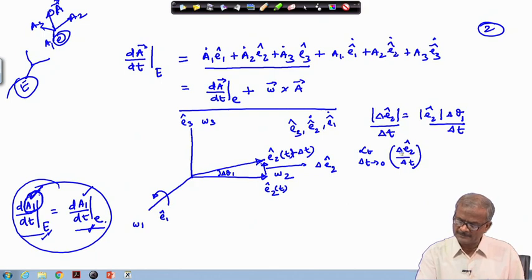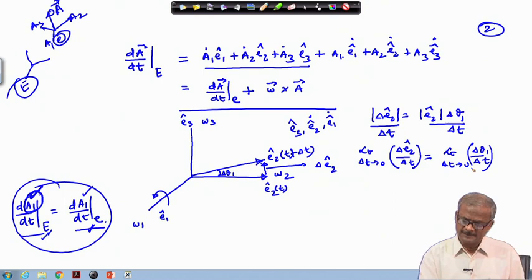I am interested in this part. So, magnitude wise, in the limit delta t tends to 0, the E2 magnitude is 1, so this is delta theta 1 by delta t.